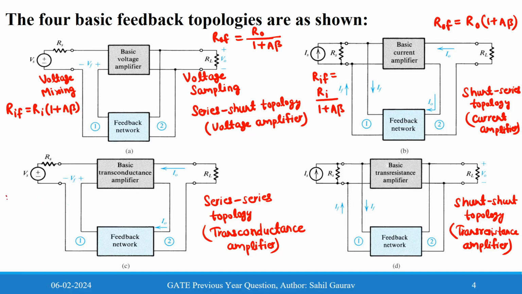Similarly here we can write RIF input resistance will get increased, and here output resistance will get increased, Ri into 1 plus A beta. Similarly for the last case, input resistance will get reduced, and output resistance will also get reduced.